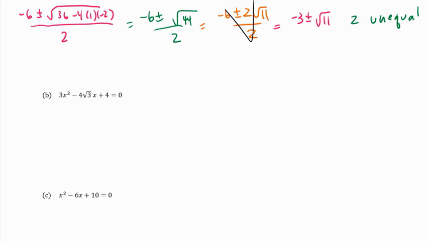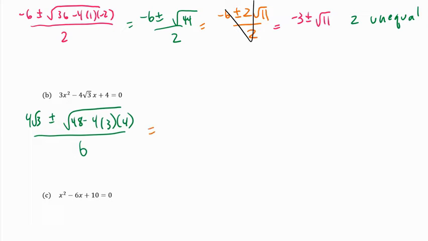For B, I have 4 root 3 plus or minus the square root, and the 48 goes on the inside, minus 4 times 3 times 4, over 6, which is equal to 4 root 3 plus or minus 0 over 6.